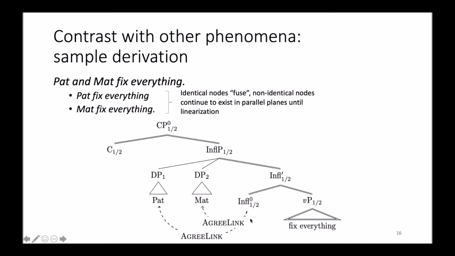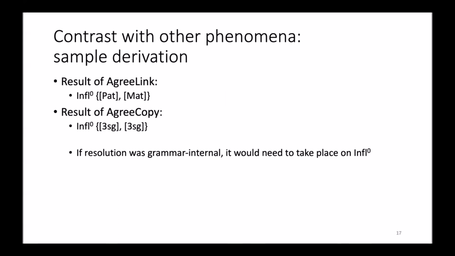So essentially what we're getting is a fusion of the Infl head that had these agreement probes that established two separate relations with two separate goals. Zooming in on this Infl head, we're going to have a single Infl head with double linking to two separate goals, which then translates to two sets of phi-features, third singular and third singular.